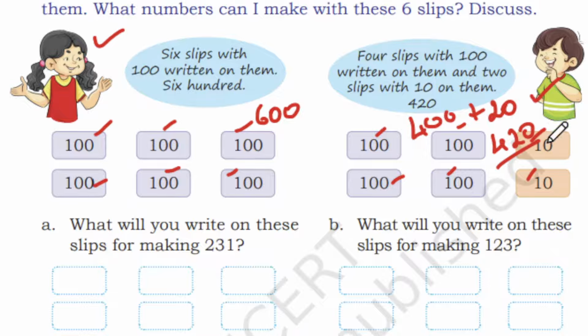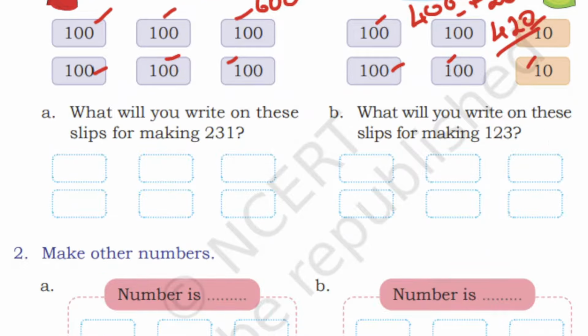Okay. So next, what will you write on these slips to make 231? Again we have 6 slips here. To make 231, how many hundreds do we have? We have 200, so let's write 200 here first. And how many tens do we have? We have 3 tens.